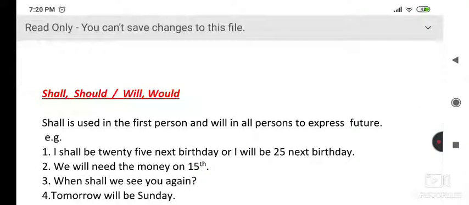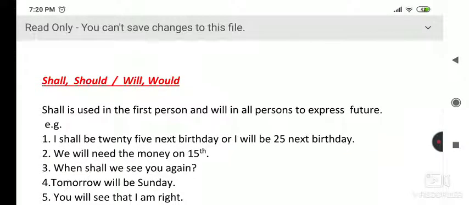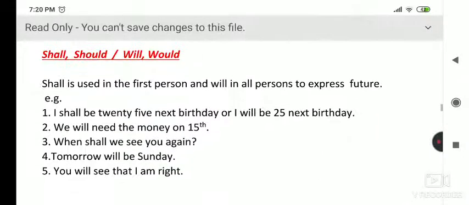Another modal auxiliary is shall, should, and will, would. Shall is used in the first person and will is used in all persons, that is first person, second person and third person, to express the future.